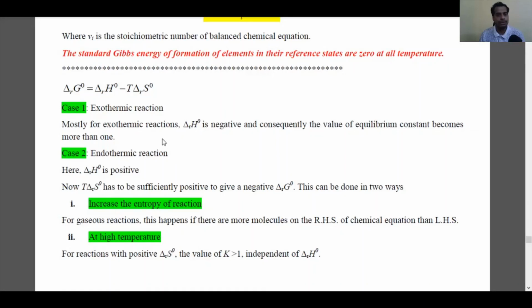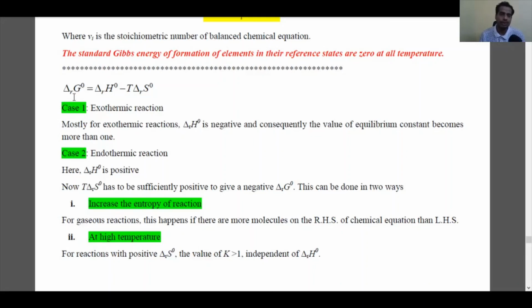Mostly for an exothermic reaction, the enthalpy value will be negative. So this enthalpy value is negative. T delta S is also negative. So two negative terms will give a further negative term. So the total RHS becomes negative. Now this delta R G0, or reaction Gibbs energy, is also negative. Now, reaction Gibbs energy is negative means what? The process will be spontaneous.